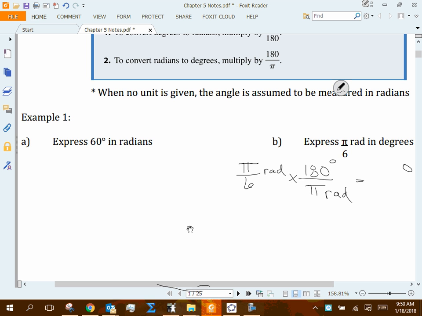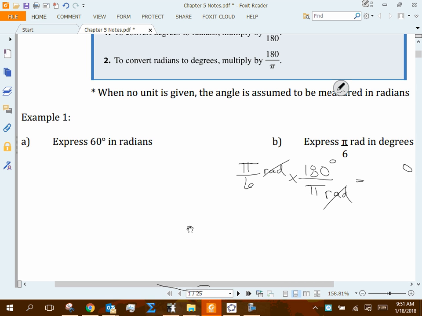Okay. I always get the question from 2, 3, 4 people every year: how do you know to use 180 over pi or pi over 180? And it's because I know the unit that I start with and the unit I want to get to. Okay? So basically, the unit that I start with, I want that to cancel out. So that means that pi has to go on the bottom in this case. So the radians cancel. Okay?